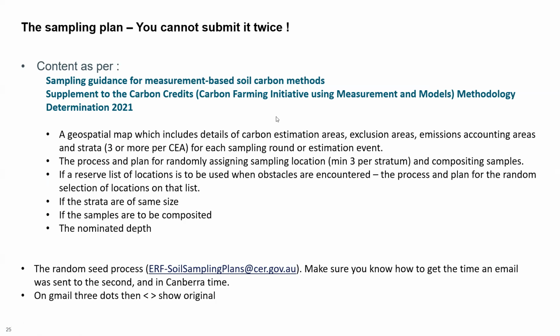Compositing sample refers to whether you're going to use one sample as a physical sample that you take off the ground, or whether you're going to take several samples and mix them up to make one sample sent to the lab. There are restrictions on how you can composite samples. The objective of doing that is to reduce the variance of your sampling.